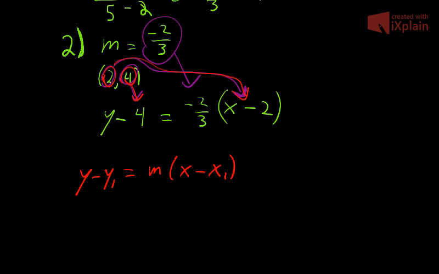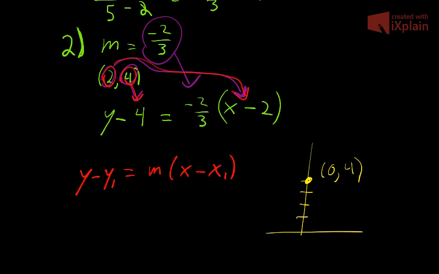Just as a general note, if we use a y-intercept for our point, that means that x1 equals 0, so we end up getting exactly back to slope-intercept form. Let's say my point on the line was 0, 4.